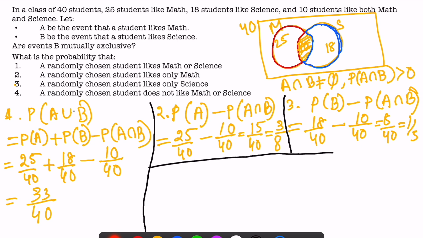Next we will calculate the last part. This one, a randomly chosen student doesn't like math or science. So when we calculated the probability of A union B, we calculated this whole region, right?